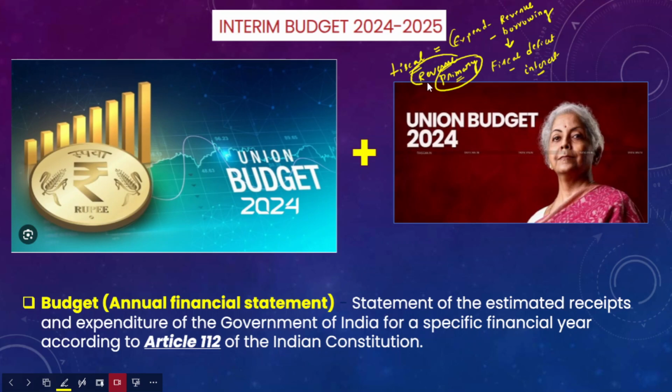And we have also discussed the definition of revenue deficit. Revenue deficit is just that we need to exclude the revenue from the expenditure, so that we can get the overall revenue deficit. Now fiscal deficit, revenue deficit and primary deficit are the terms which are discussed in the union budget, and they are very relevant from the examination point of view.